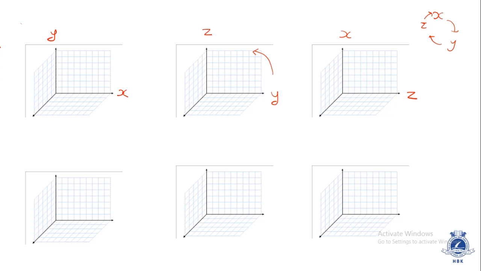These three are the correct methods to represent the coordinate axes. The x, y and z axes are taken in counterclockwise, or anti-clockwise, direction, and these are the three perfect methods. We forgot to keep the third axis. If this is the x-axis and this is the y-axis, the remaining z-axis is coming out from the plane. Here also the third axis, the x-axis, is coming out from the plane, and this will be the y-axis.